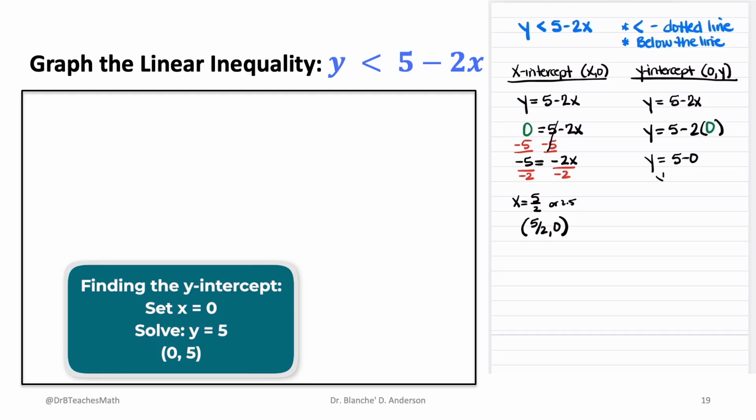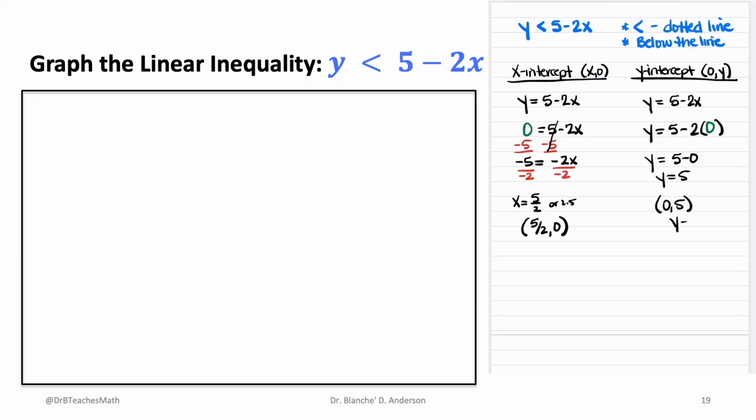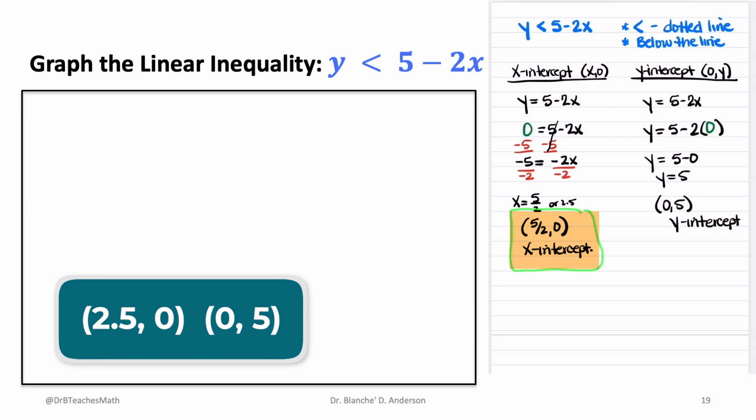So y equals 5. That means when x is 0, y is 5. This is my y-intercept. This is my x-intercept. These 2 points will help me graph the line. That's what I need. That's perfect.